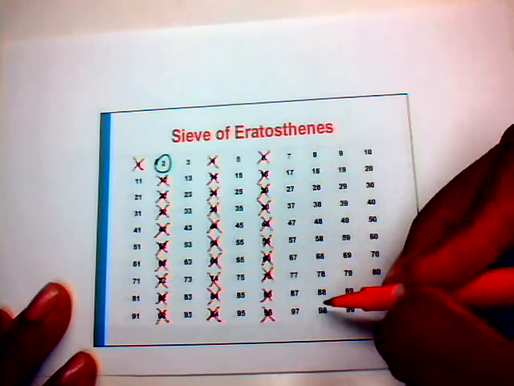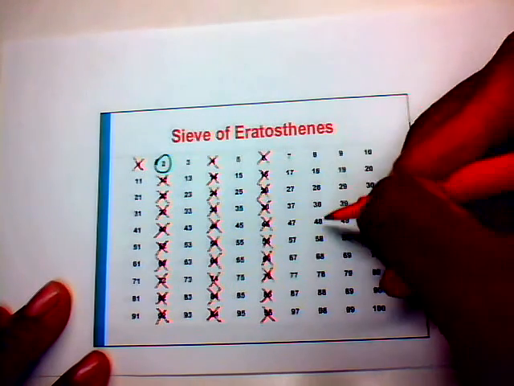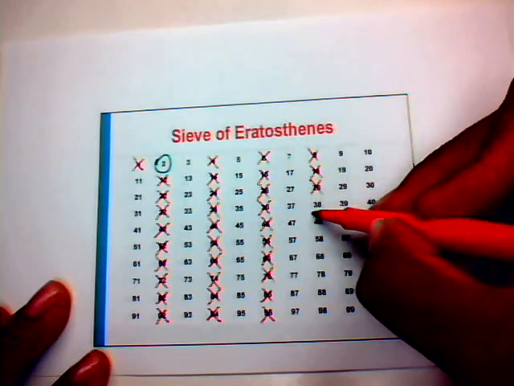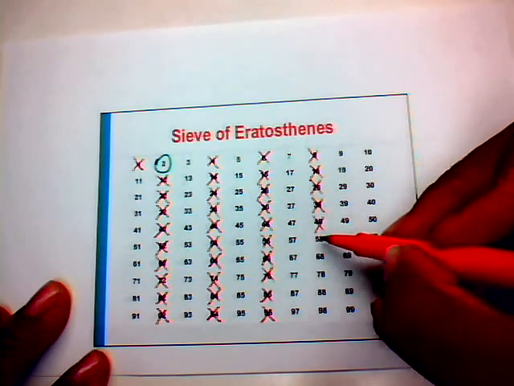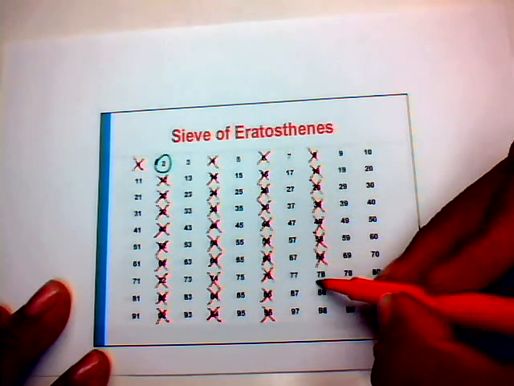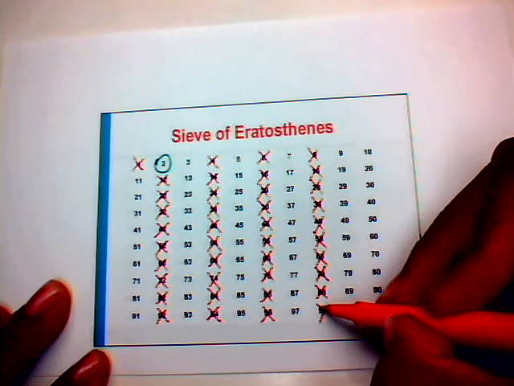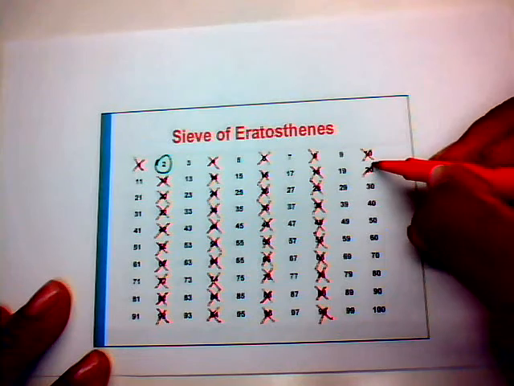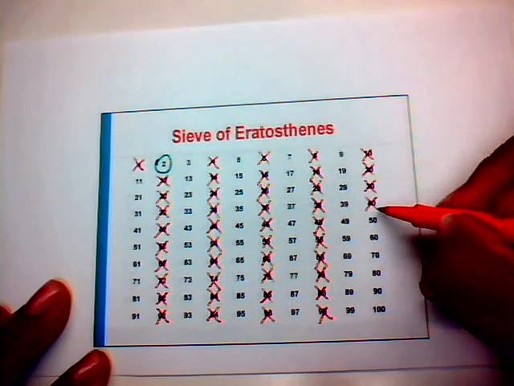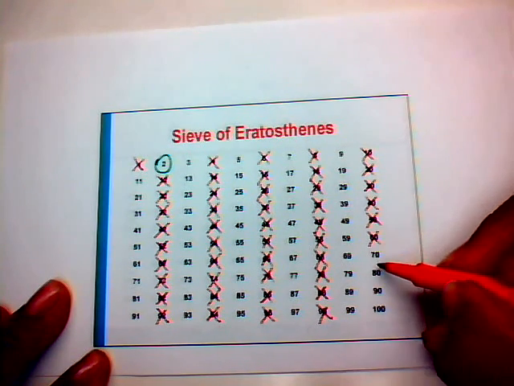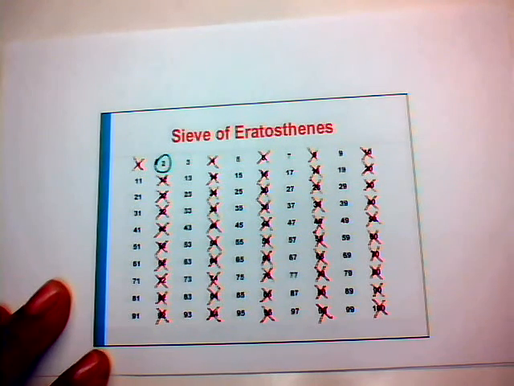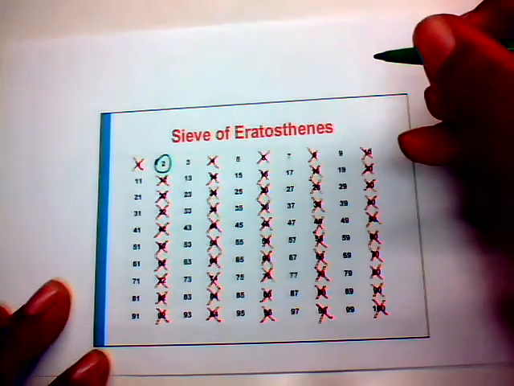And this column ends in 8, is divisible by 2, so we cross out that column. And finally, anything ending in 0 is divisible by 2, so let's cross out that column. So as you can see here, just about half the numbers are gone.